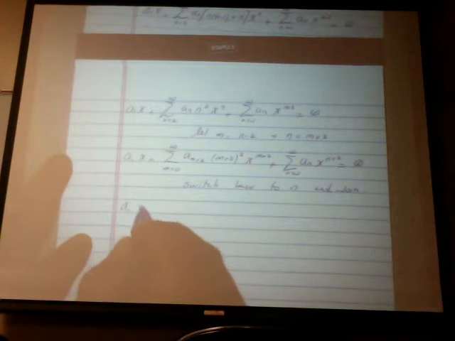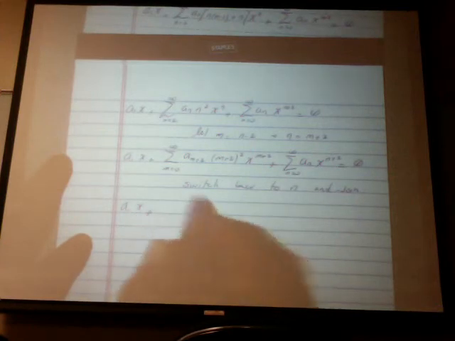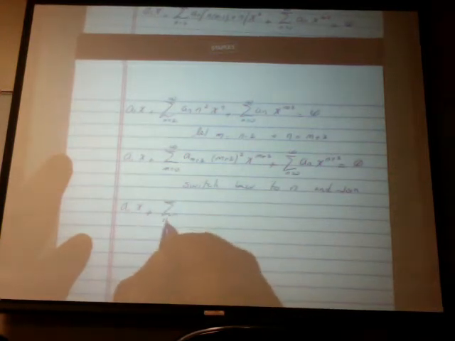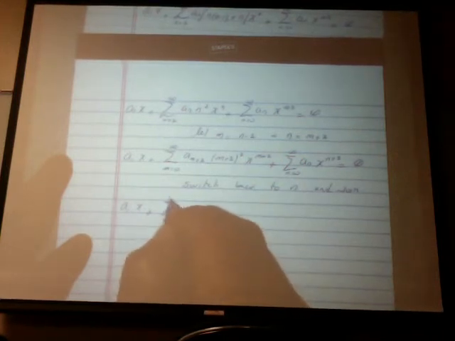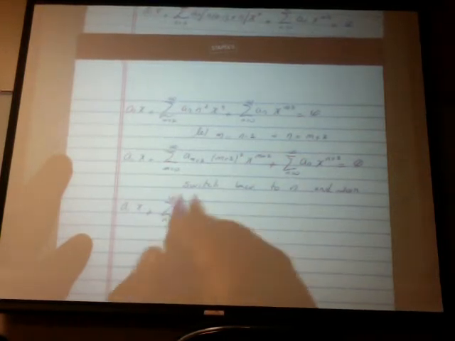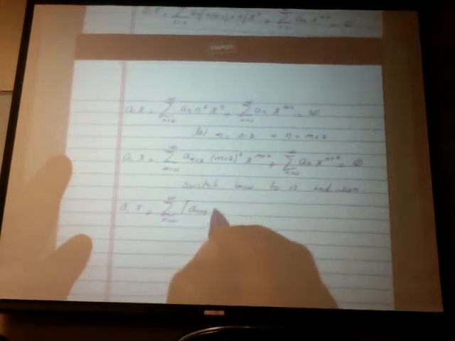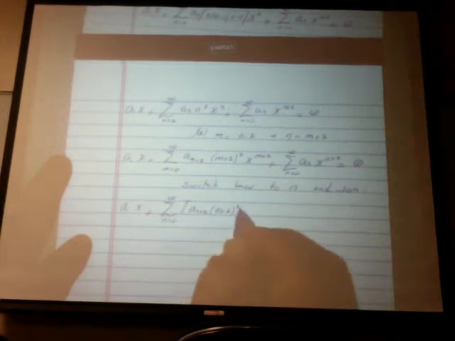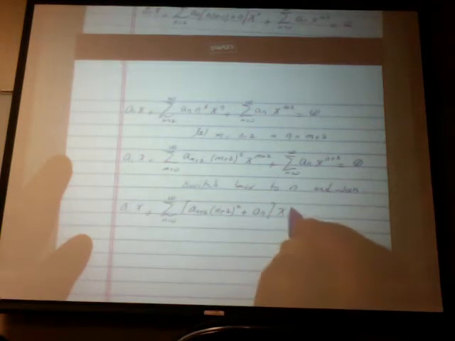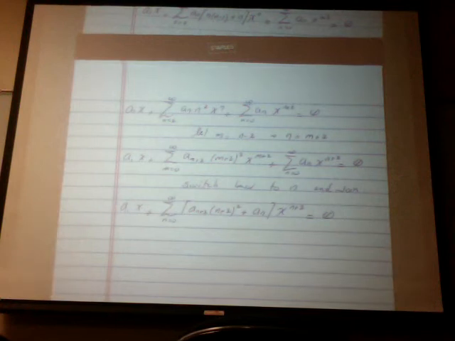So this is a1 times x plus the summation from n equals 0 to infinity of, and we have, let's see, a n plus 2 times n plus 2 squared plus a n, that multiplies x to the n plus 2, and that's equal to 0.